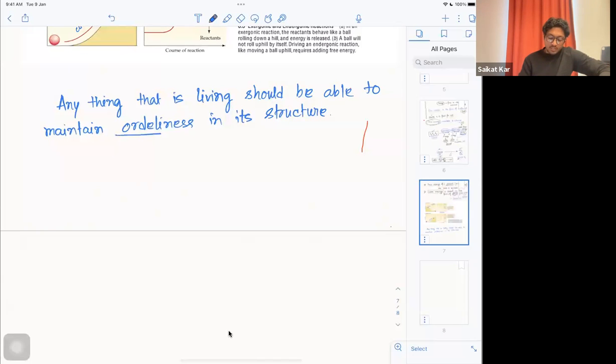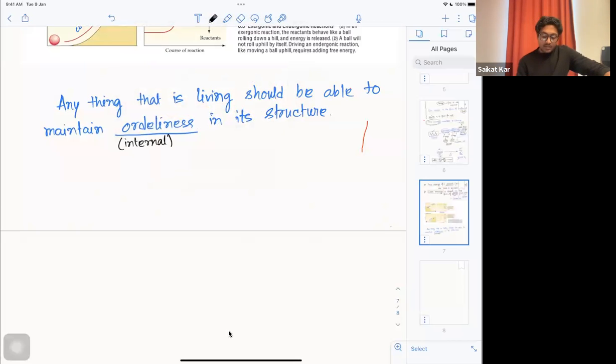Now the orderliness is the internal orderliness. So any cell or any living organism, any living object should be able to defy the second law of thermodynamics.